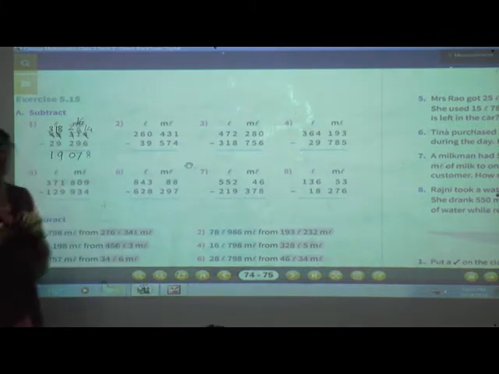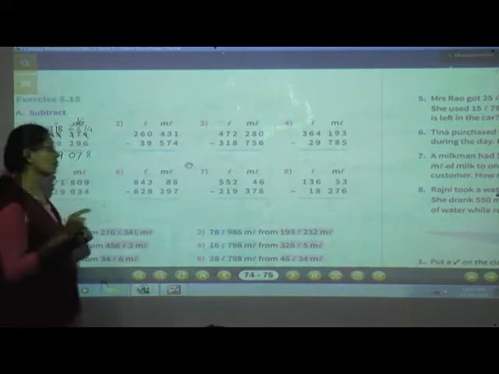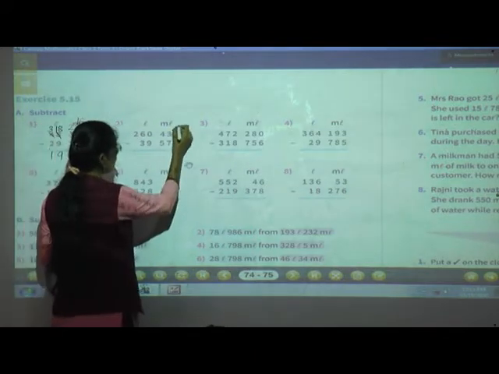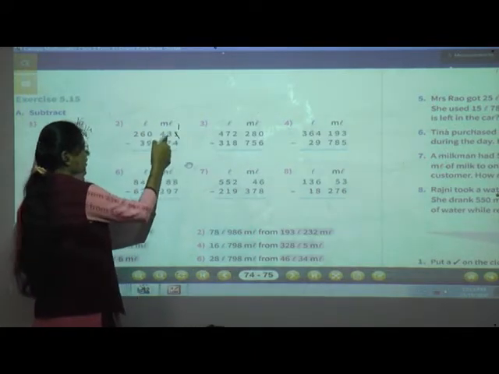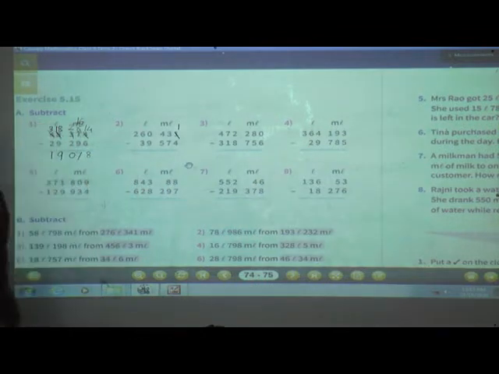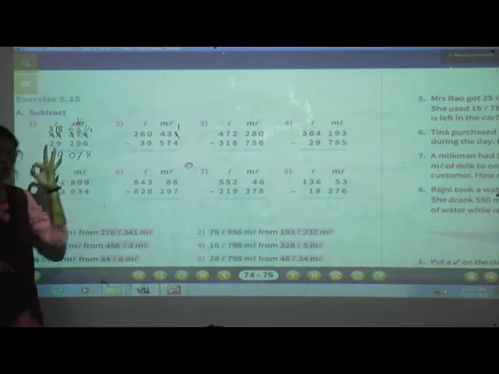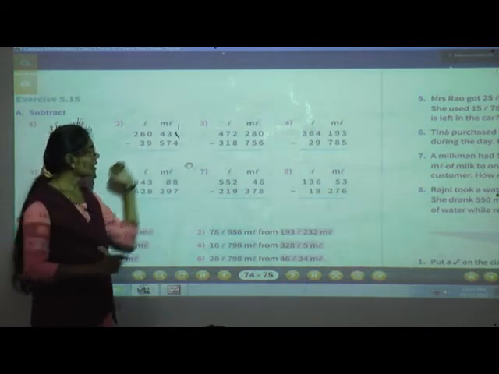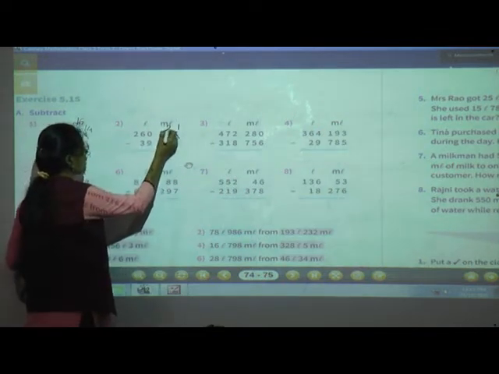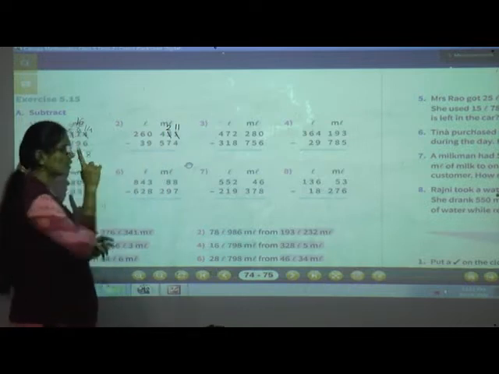Then what we will do? We will cut this 1, write as it is. Then we'll move to the neighbor. Now here neighbor is having 3. We'll take one borrow from this 3. So 3 minus 1, your 2 will remain and this 1 will become 11.